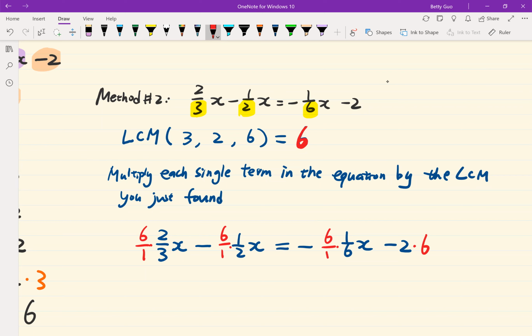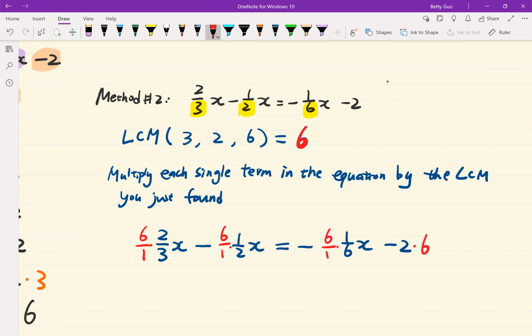Because those coefficients are fractions, I write 6 as 6 over 1, so later it will be easier for me to process the product of the fractions. So you see 1, 2, 3, 4. Everybody multiply by 6, every single one. Be careful with the sign.